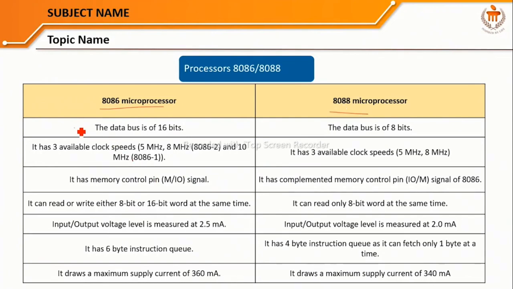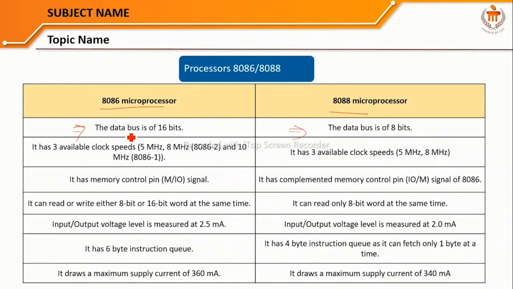The 8086 uses 16-bit data buses, and the 8088 uses 8-bit. What is the meaning of 16-bit and 8-bit buses? When we started this topic, we had address buses and data buses. The data bus transfers data from one place to another.